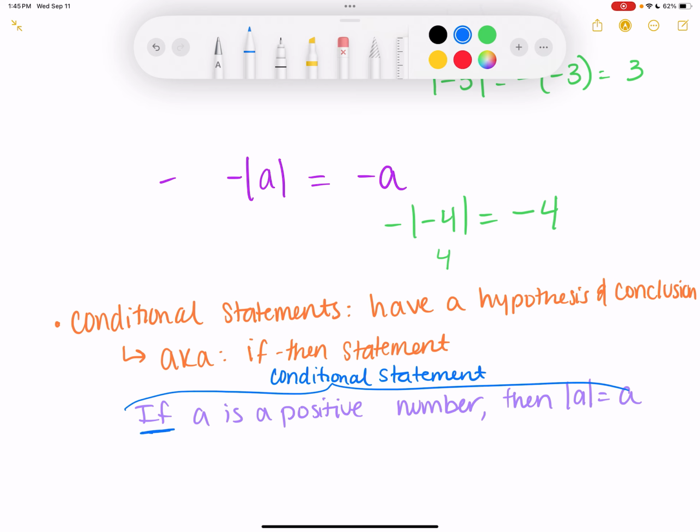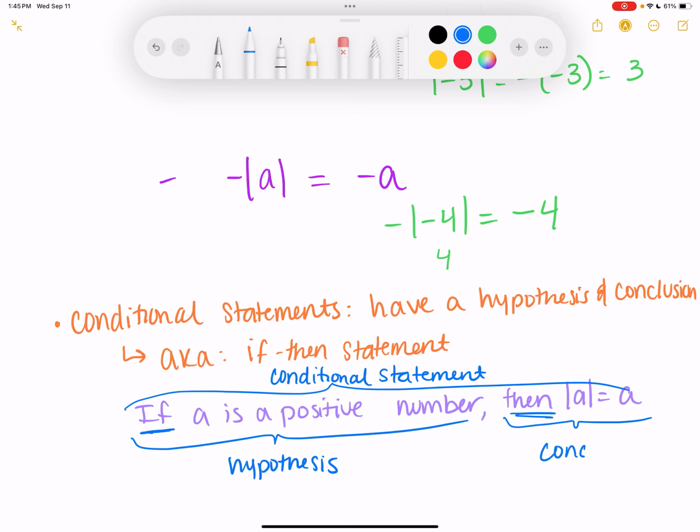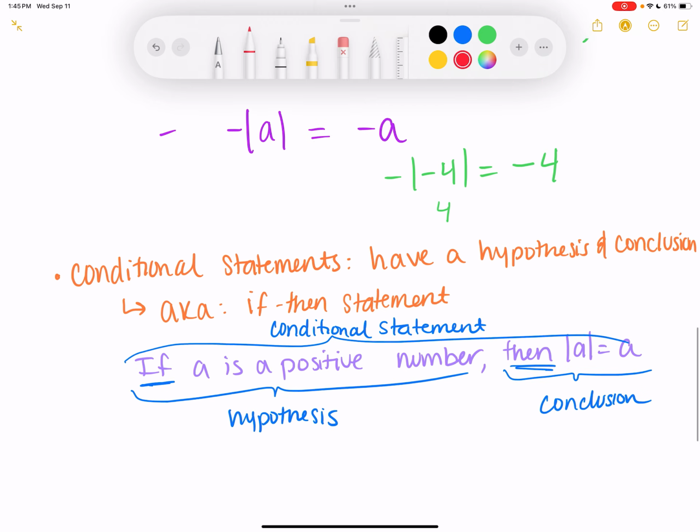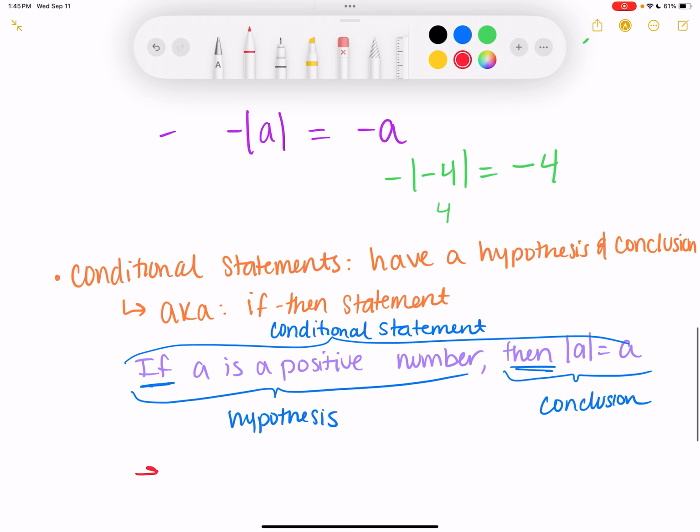This first if part here, if A is a positive number, is our hypothesis. Then the then part down here is the conclusion. Now, when you're given these statements, they are either going to be true or false.